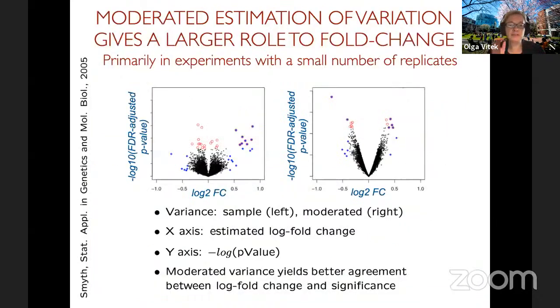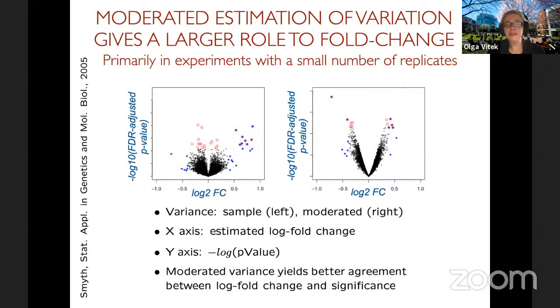And so one of the original publications showed the impact of that. So if you have an experiment with a small number of replicates in the volcano plot, there is a limited agreement between the fold change and the statistical significance, or practical significance and statistical significance.